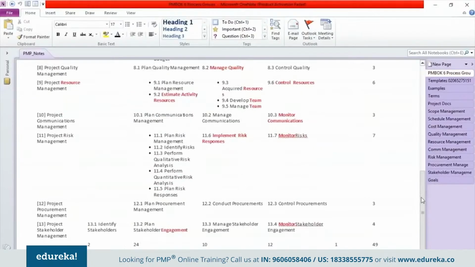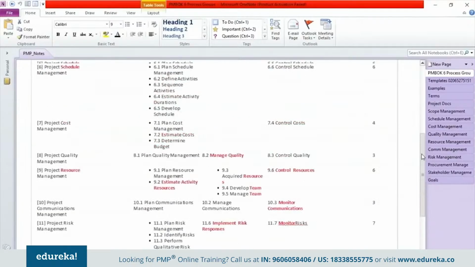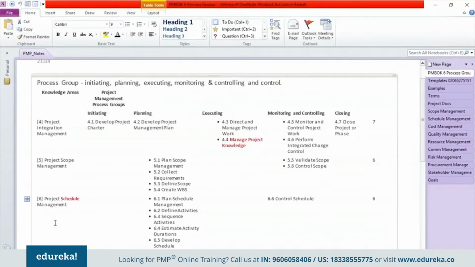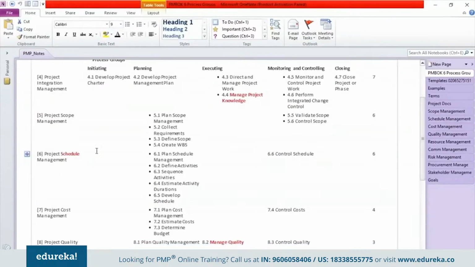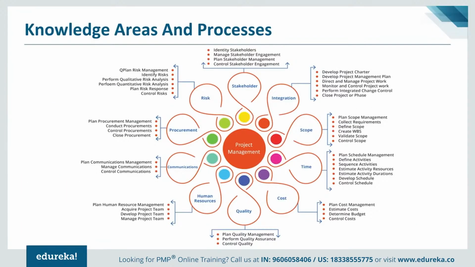This is where all of the process groups and the processes come into the picture. There are a total of 49 of them, as I mentioned, and 10 knowledge areas, and these are the process groups. You'll find that for each of these process groups and knowledge areas, there are various processes which cut across multiple knowledge areas from each of these process groups.